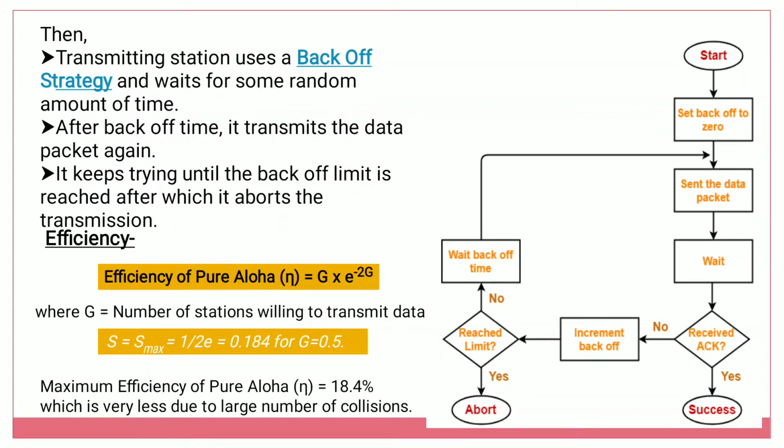If the timer times out, we simply abort the situation and retransmit the data. Otherwise, go back to the backoff time, and the same process continues. So this is the working principle of pure Aloha. Clear? I think you will understand the concept of pure Aloha.